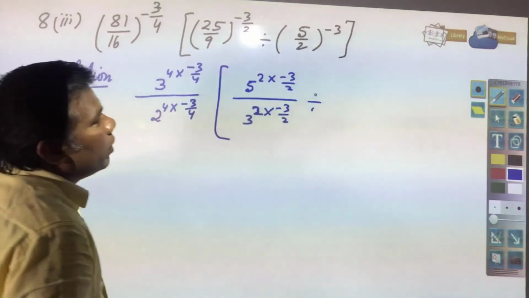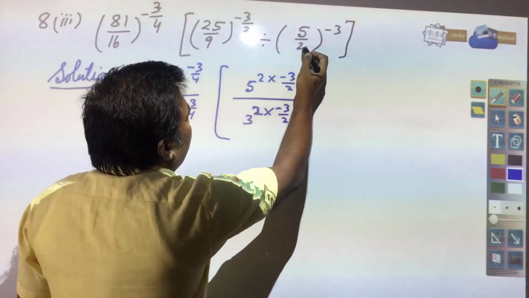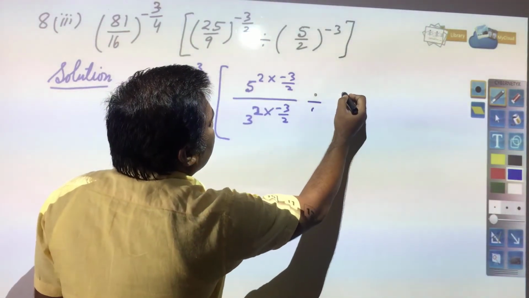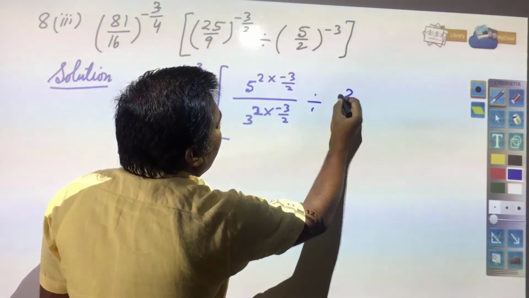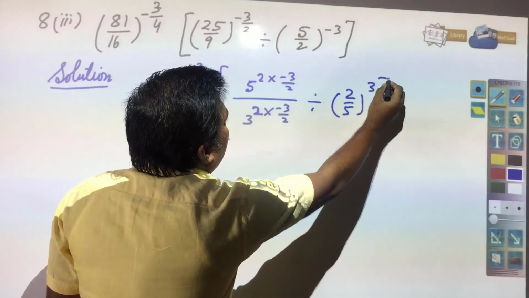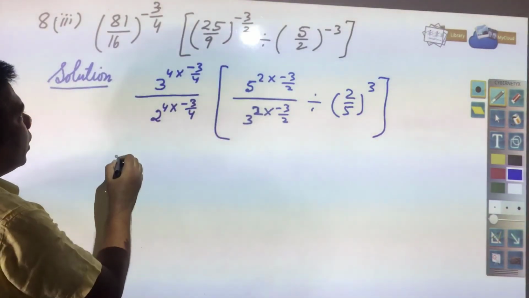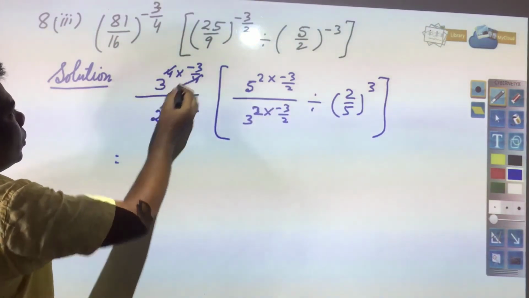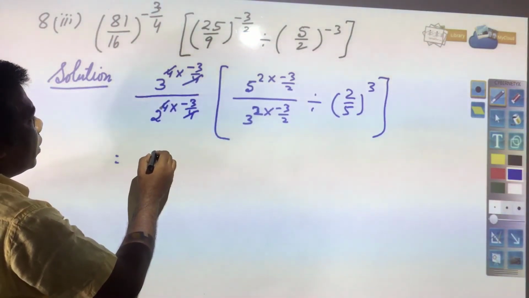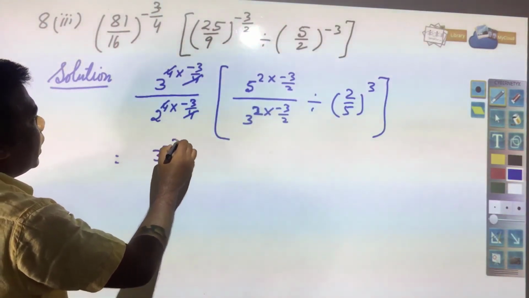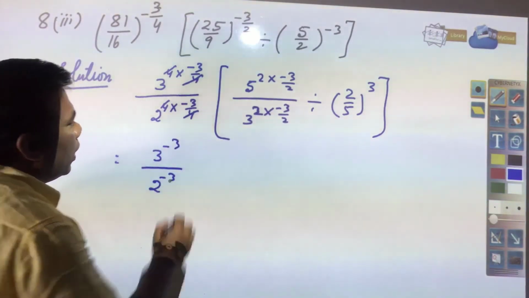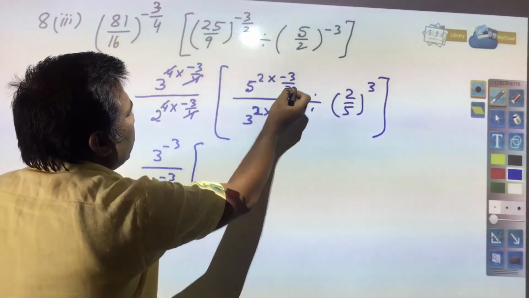5 by 2 inverse you have, 5 by 2 to the power minus 3 you have, it can be written as 2 by 5 to the power 3. Now, you see this will be cancelled, this will be cancelled. So, you will have 3 to the power minus 3 divided by 2 to the power minus 3, and here you have, this will be cancelled.